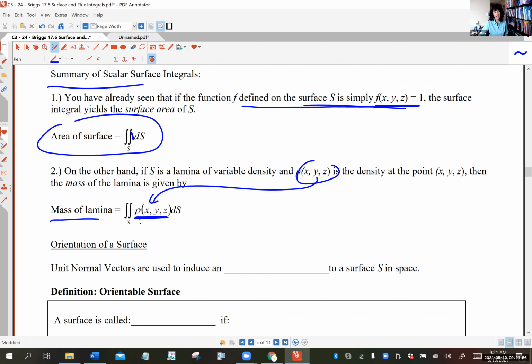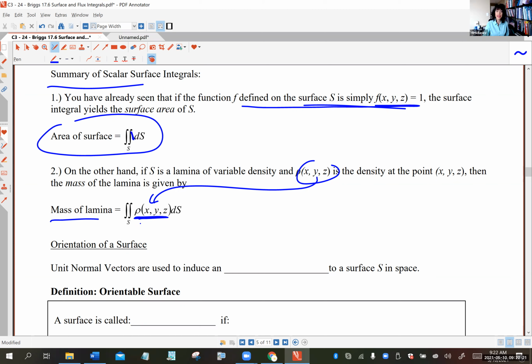So now we're going to jack it up a little bit. We're going to look at a surface integral that isn't considered a scalar one. So folks, I want you to get the analog between this stuff and line integrals. When we did line integrals, type 1 was a scalar line integral where it basically represented a mass of a wire. And the scalar surface integrals represent mass of a surface.